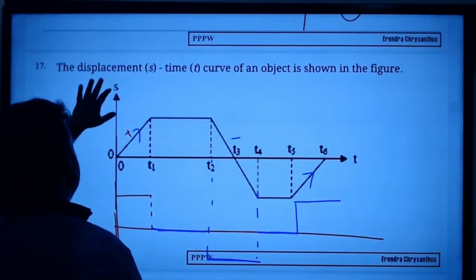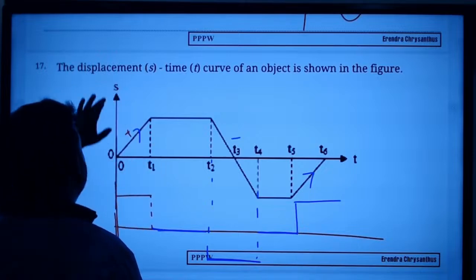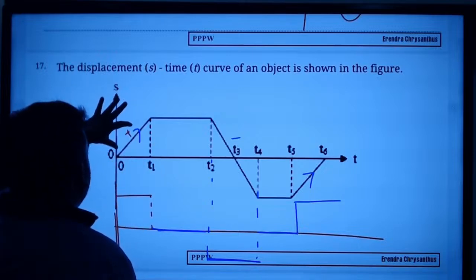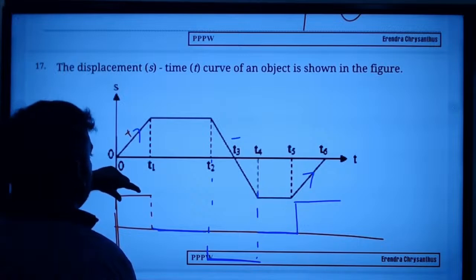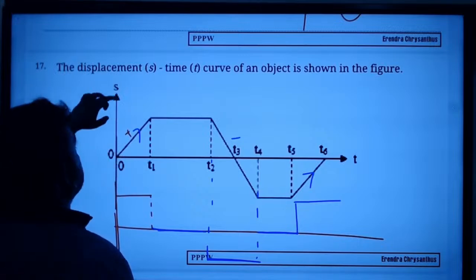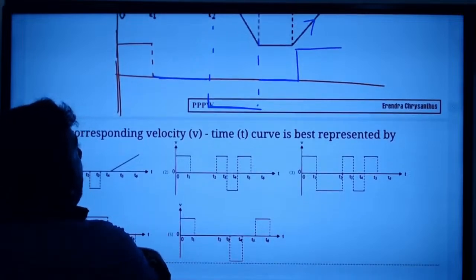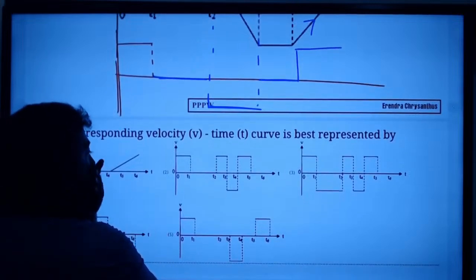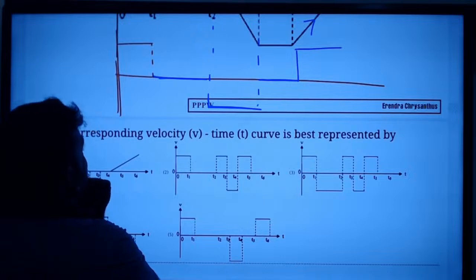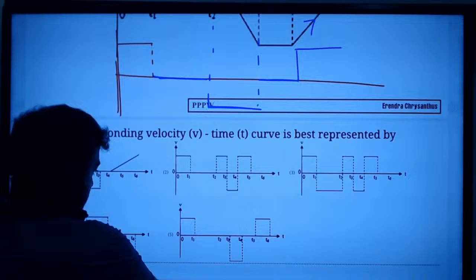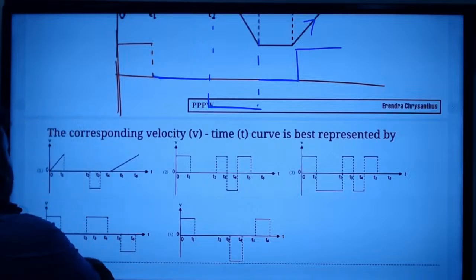Oh, sorry. I thought this VT graph is acceleration graph. So, right. Constant velocity. Yes, this is ST graph. Okay. Right. So, here we have T1 to T2, 0.